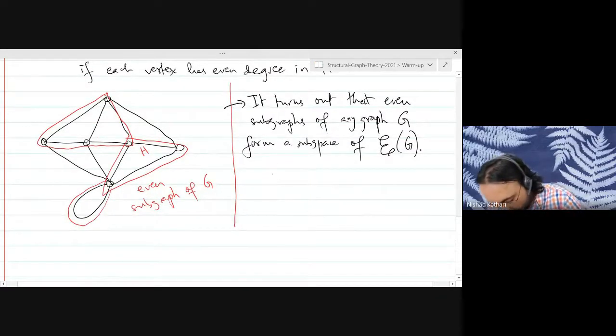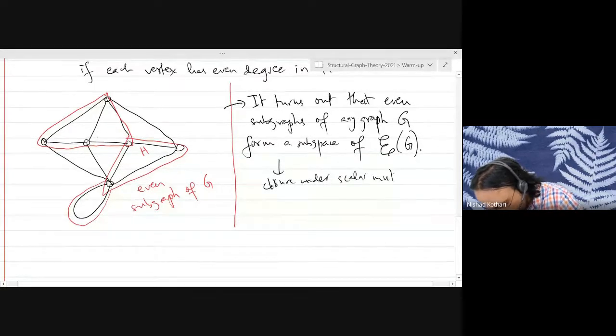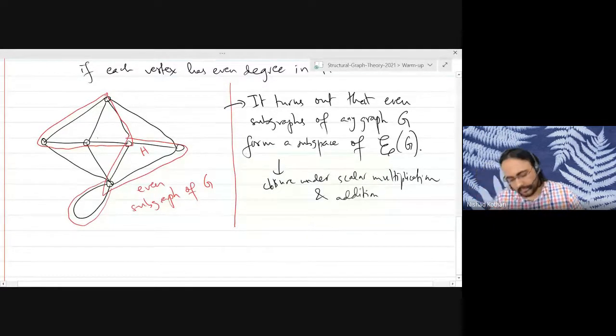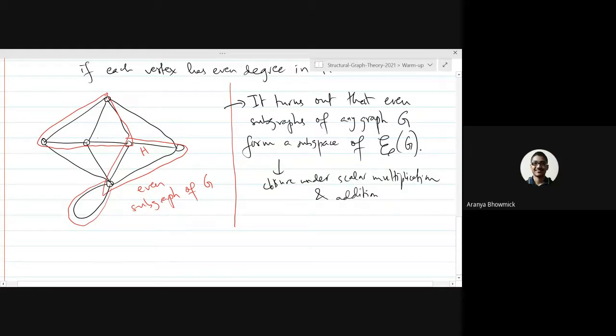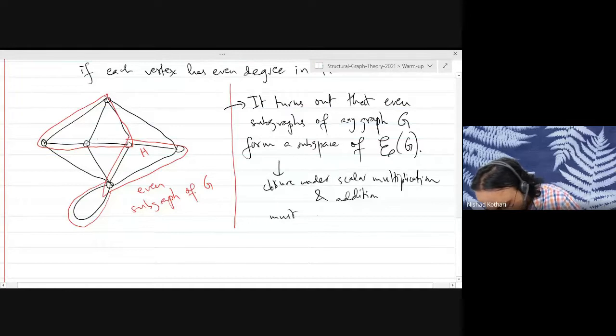Right, right. Closure under scalar multiplication and addition. Okay. Any other properties we need to check? The zero vector must be there in the subspace. Zero vector must be there. Must contain the zero vector.